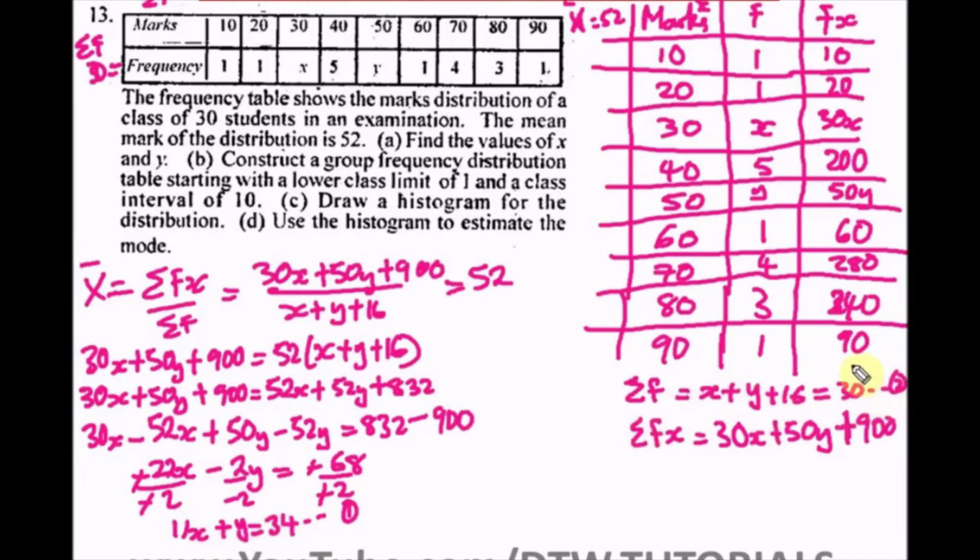I'm trying to manage the space here, that's why I'm not solving it in full, but make sure you solve it in full. If we simplify this, we get x plus y, taking 16 to this side, 30 minus 16, which gives us 14. So we have x plus y equal to 14. This is our equation 2.